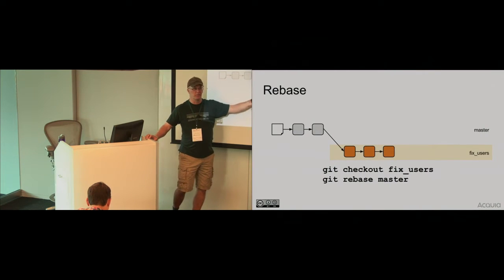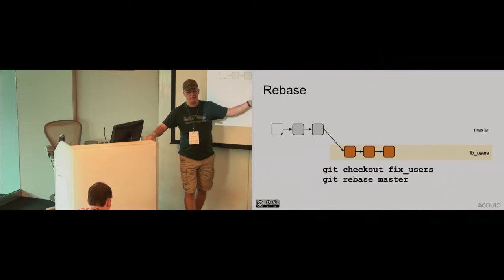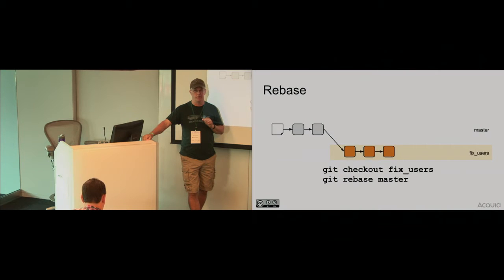So this is where the problem is with rebasing. The golden rule of rebasing is never rebase something that has been shared to other people. In other words, I'm working on fix users, so I shouldn't rebase if I've pushed my fix users out to other people, unless we're all very close and very careful about what we do.